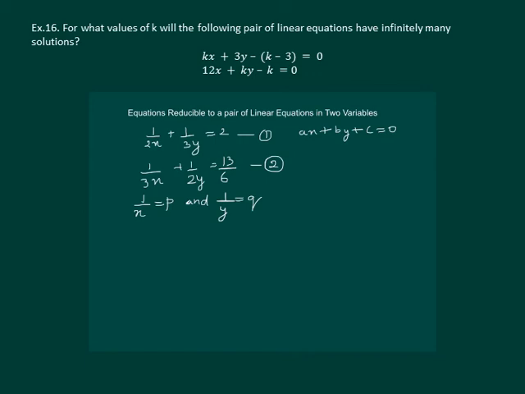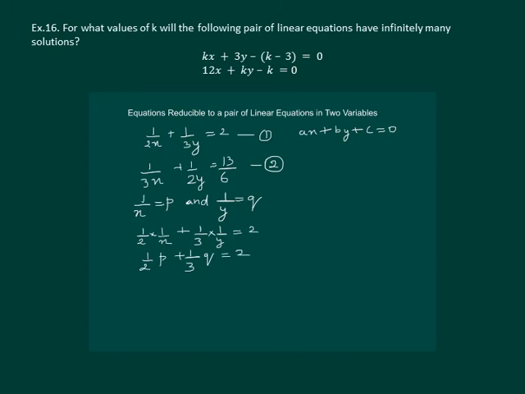Look at equation 1. We have 1 by 2x that can be written as 1 by 2 into 1 by x, plus 1 by 3y can be written as 1 by 3 into 1 by y, equal to 2. Now making the substitution 1 by x equal to p, we get 1 by 2 times p plus 1 by 3 times q equal to 2.